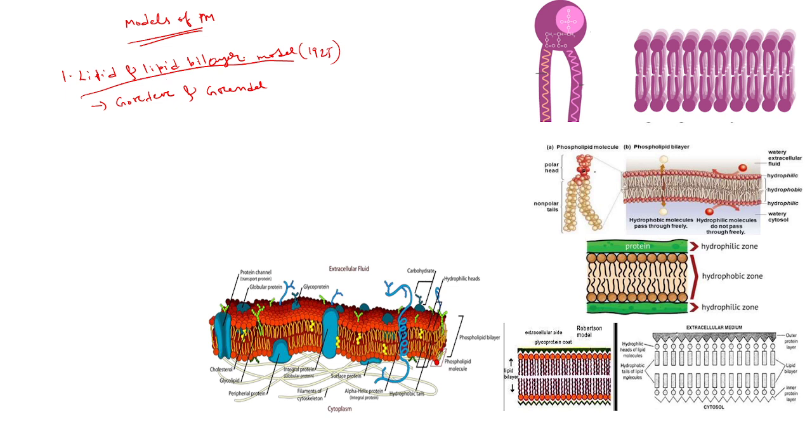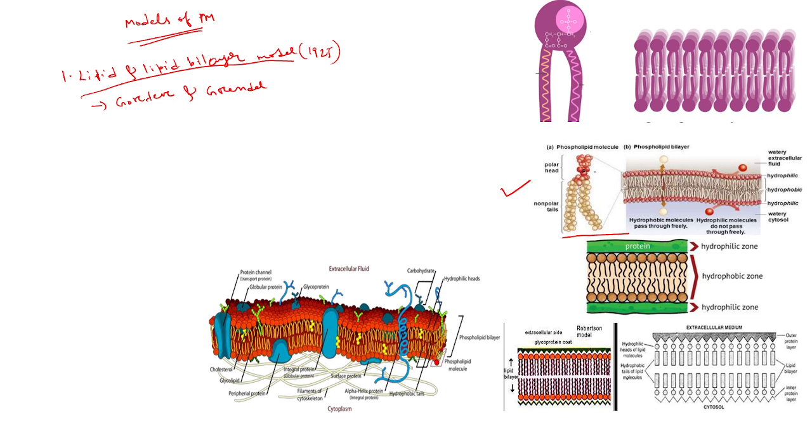So what is the lipid and lipid bilayer structure? This structure is called the lipid and lipid bilayer model, which was discovered in 1925 by Gorter and Grendel.